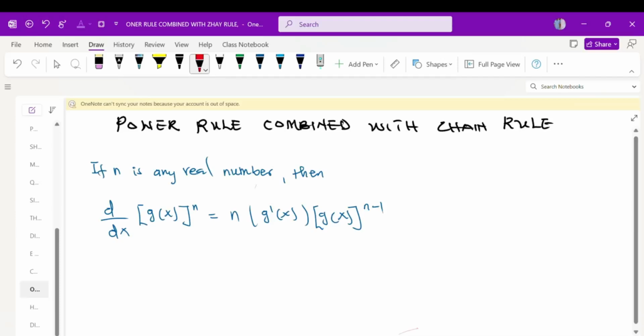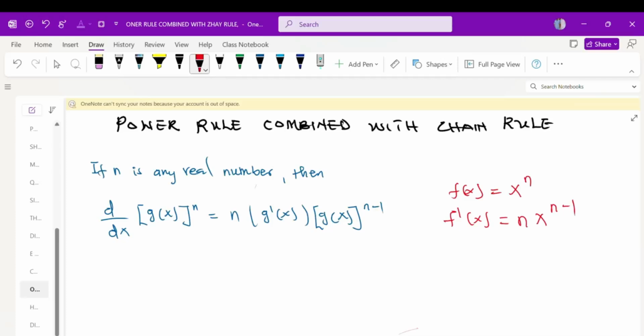We learned from our previous lesson that for the power rule, when you're given a function f of x which is equal to x exponent n, to differentiate, then your f prime of x is going to be n x exponent n minus 1. Okay. But the question is, what if the power is applied to a whole function, not just x?